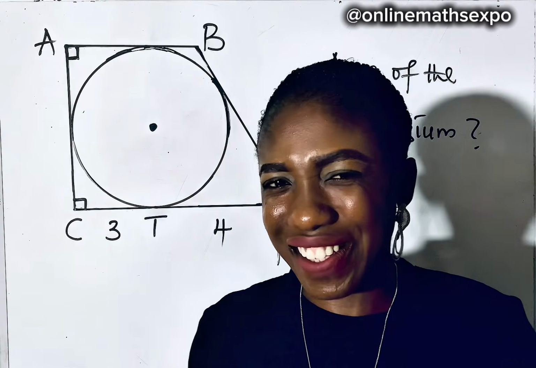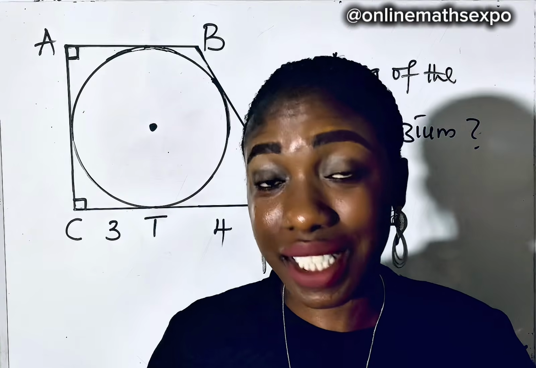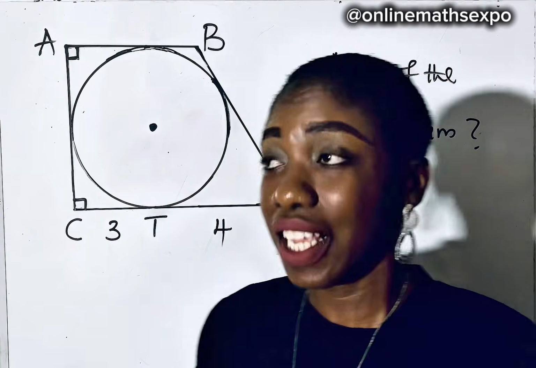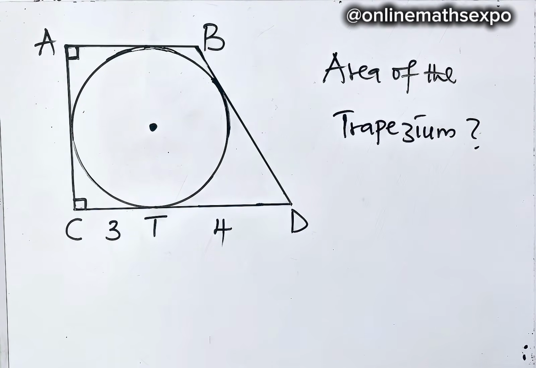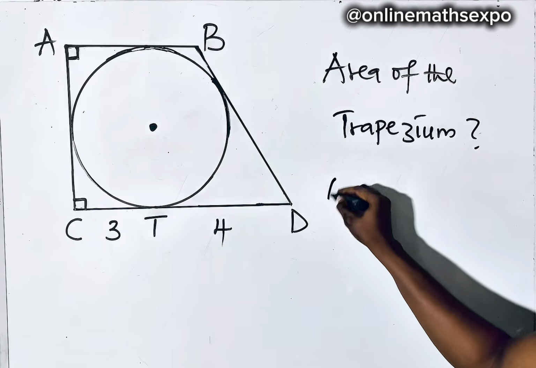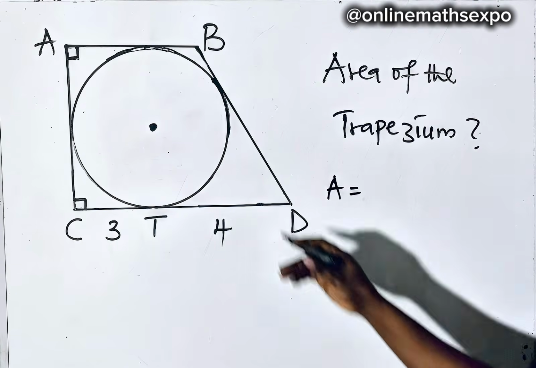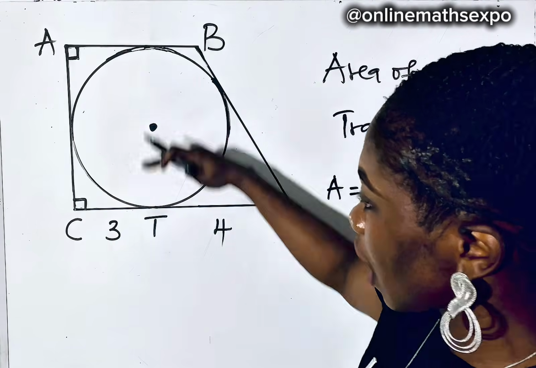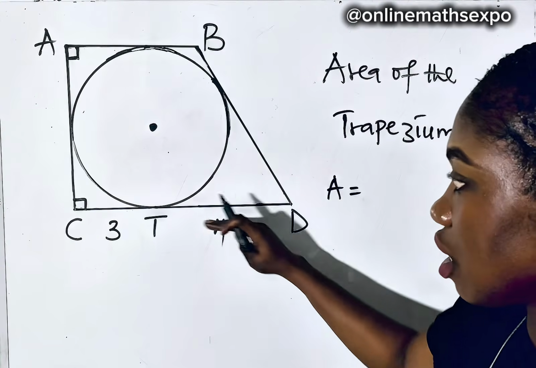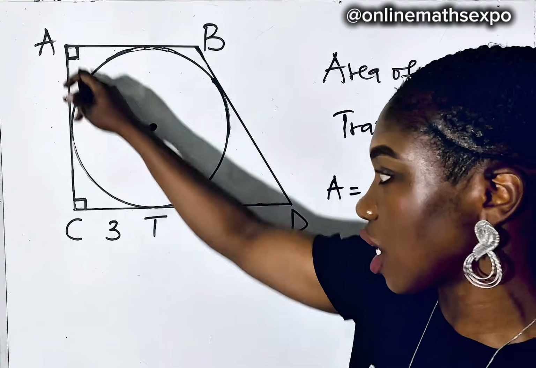Is this something you can do? Don't worry, I will take you through it step by step. It's just so easy. Now, for us to find the area of a trapezium, you see that these two lines, AB and CD, are parallel. You see these right angles here.